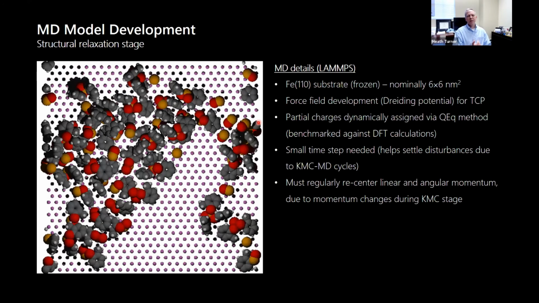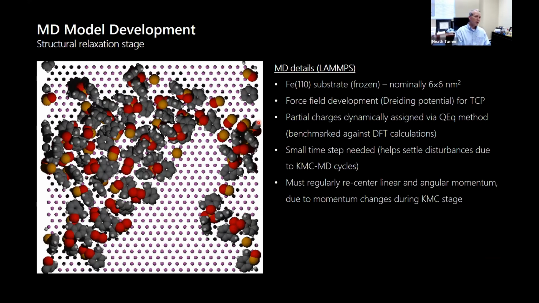This is a little bit of information about the DFT, or I'm sorry, the MD simulations that are being performed simultaneously. So again, it bounces back and forth between KMC and MD. So in the MD stage, we use an empirical force field. We have partial charges that are updated with the QEq method.